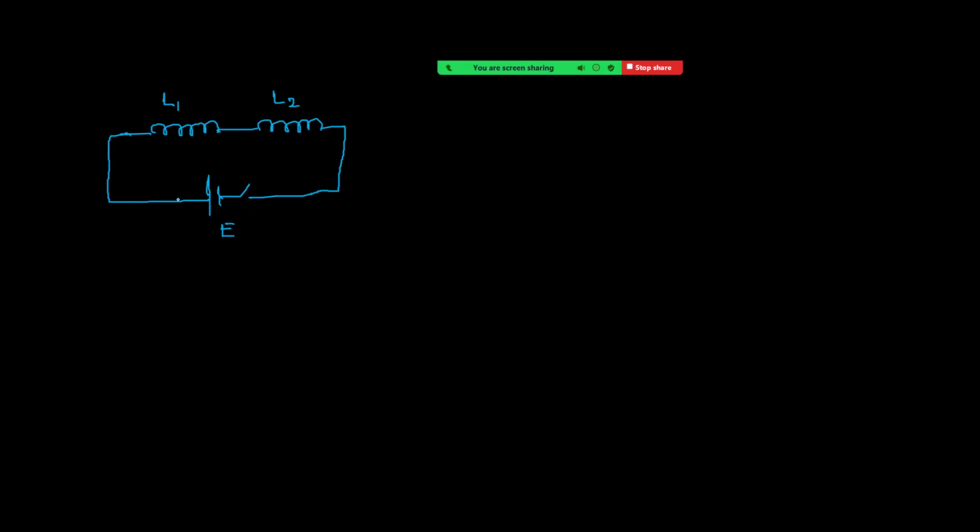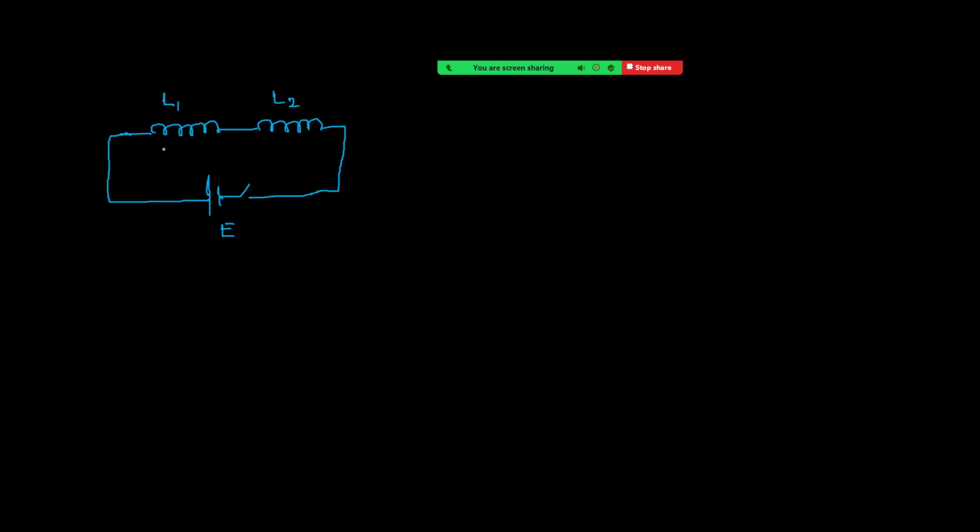Starts increasing from 0. Since the current is changing, EMF is induced across the inductors, right? Then we can say that the EMF induced across the first inductor plus across the second inductor, the sum should be equal to the EMF of the battery. So I'm writing here.